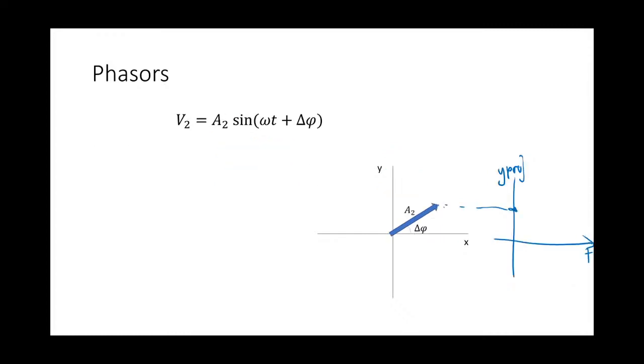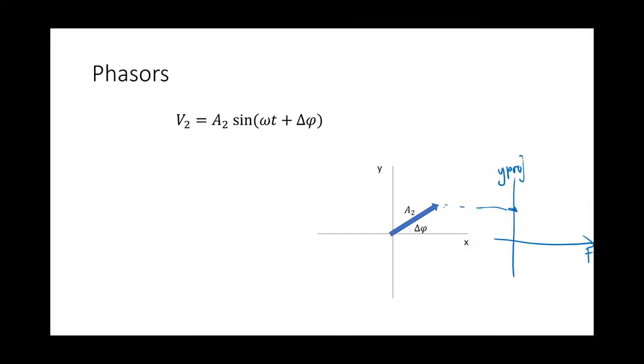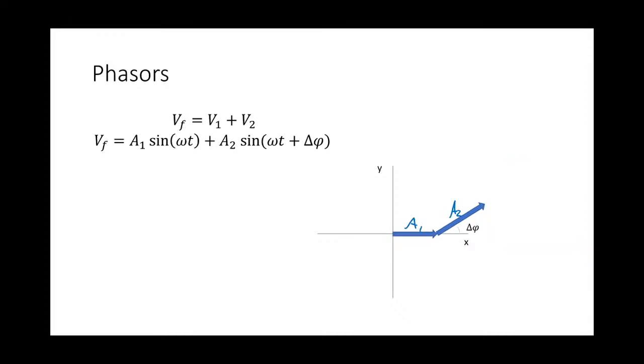And if you were to sum these two different things up, so again, same frequency, but with different initial phase and different amplitude, you can imagine that both of these vectors are spinning around at the same frequency, so they do that.